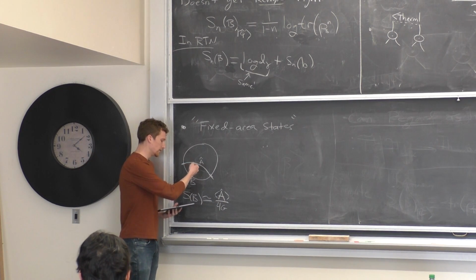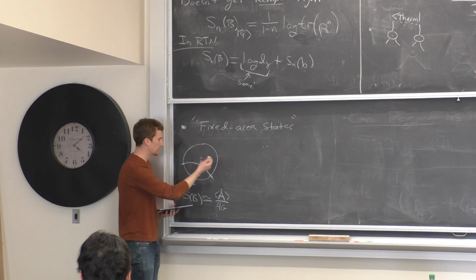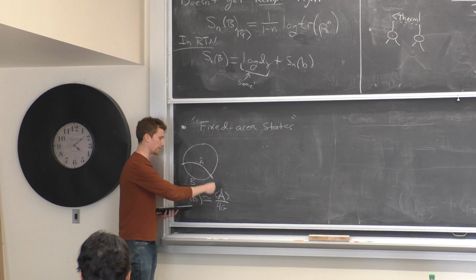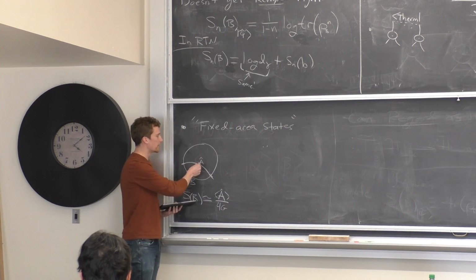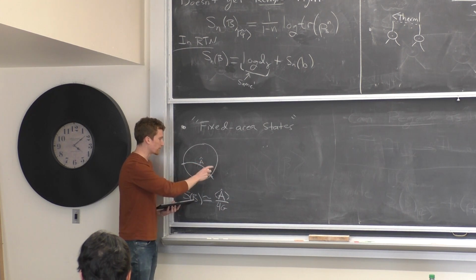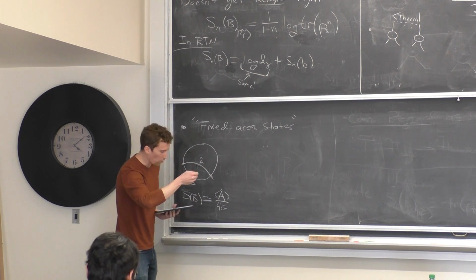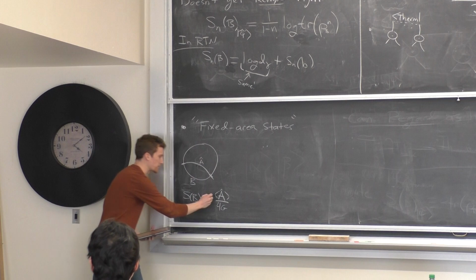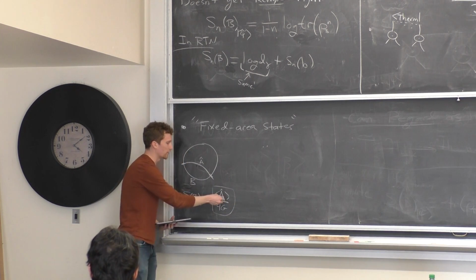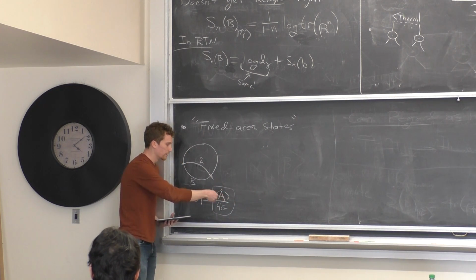Usually the area has fluctuations. In a semi-classical limit of small G Newton, the area is some tightly peaked Gaussian, so the fluctuations are not zero. The fluctuations in A are order square root G Newton, so the fluctuations in A over 4G are like 1 over square root G Newton.